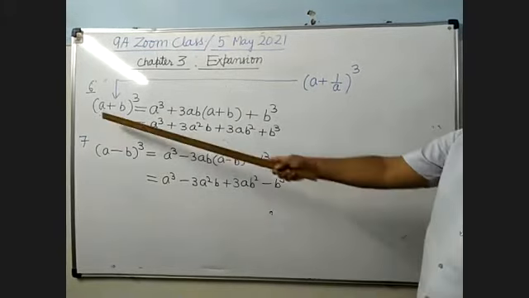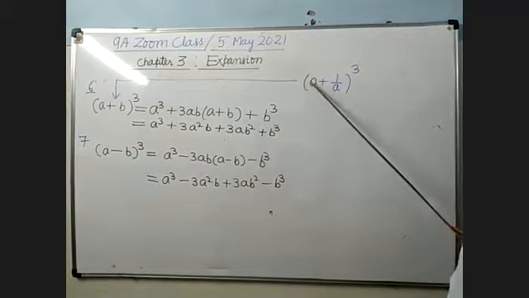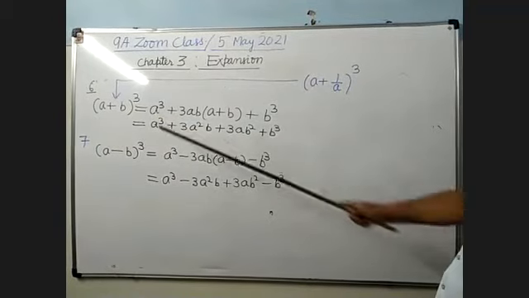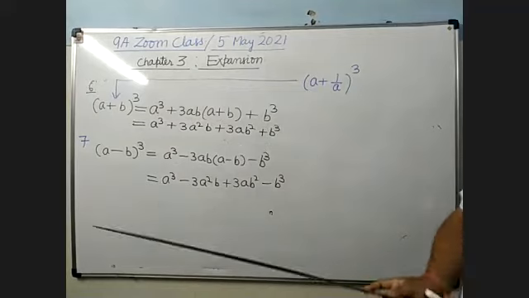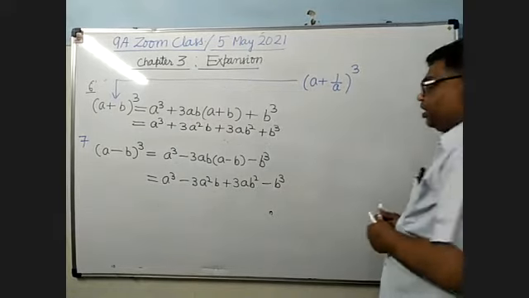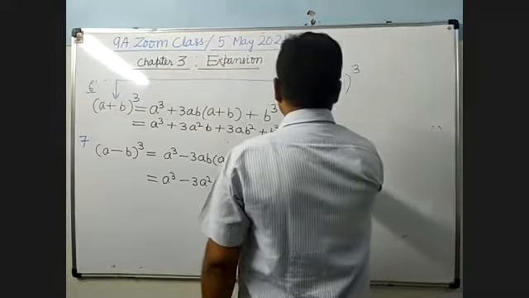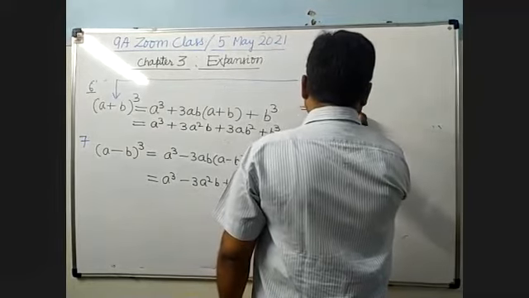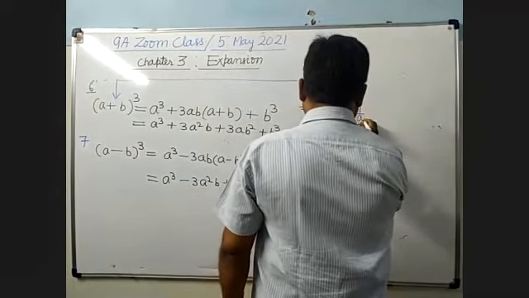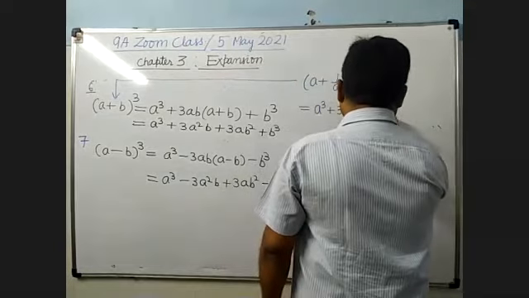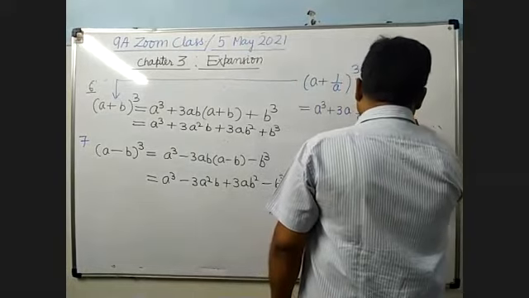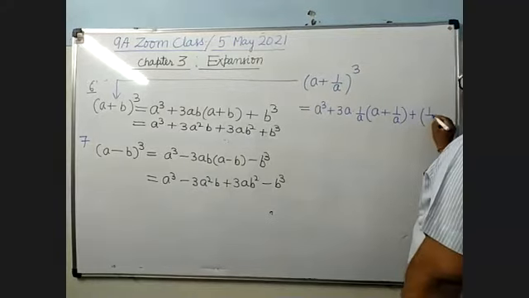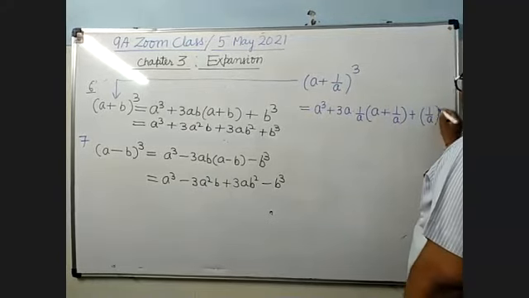It's clear? इस a के place पर यहाँ पर a है. In place of b, there is 1 upon a. So you substitute here the same thing. a के place पर a, b के place पर 1 upon a. So it will be a cube plus 3 into a into 1 upon a, within bracket a plus 1 upon a, plus, in place of b, there is 1 upon a whole cube.